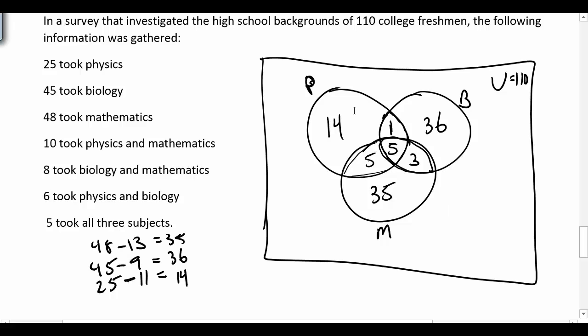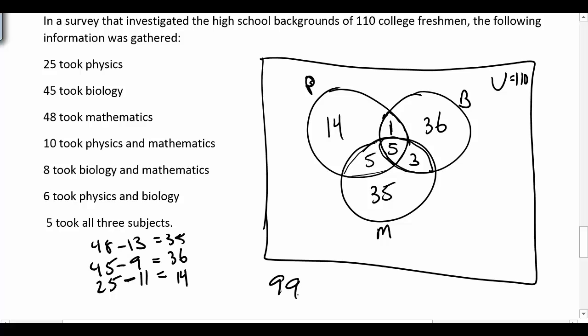I'm going to add all these individual numbers up in the Venn diagram. 14 and 36 gives me 50, plus another 5 and 5 is 60, plus 1 is 61, plus another 3 gives me 64, plus another 35 is 99.